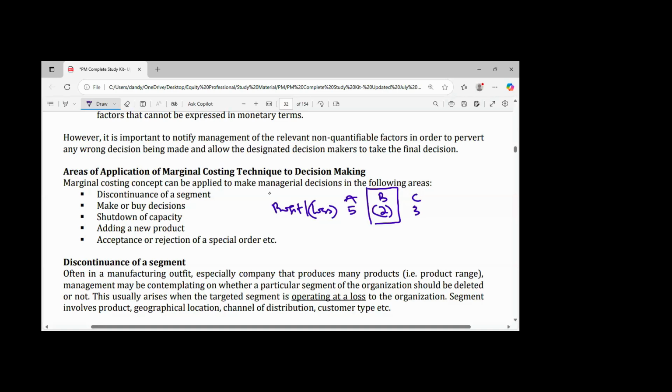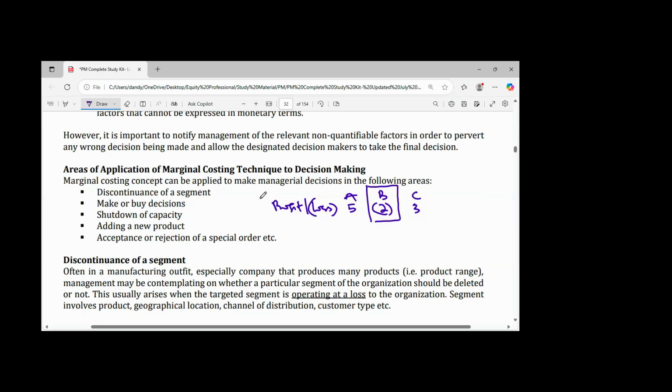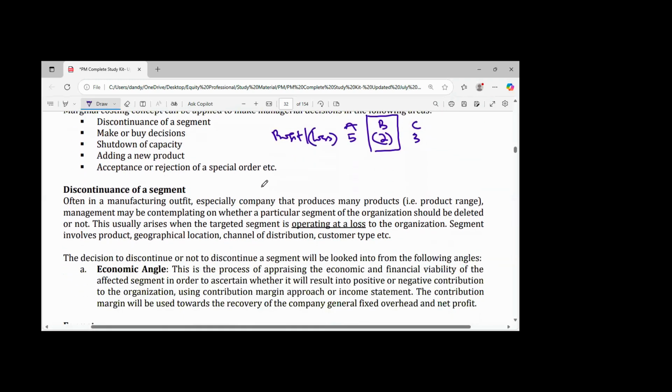So you should know that the only reason management thinks of closing down a segment is when that segment is operating at a loss. Therefore, the decision to discontinue or not will depend on the two perspectives we mentioned the other time: the economic perspective, and at the same time, the qualitative factors that need to be taken into consideration.